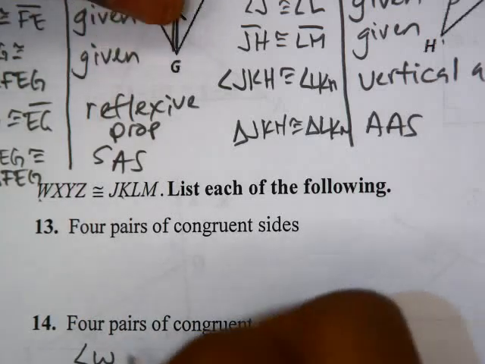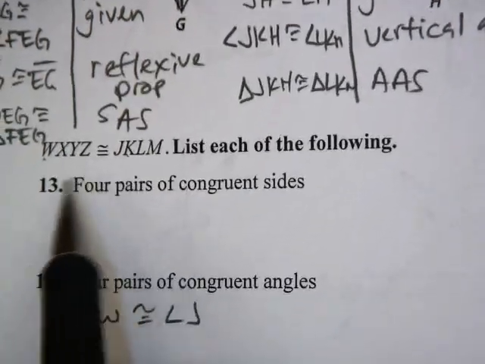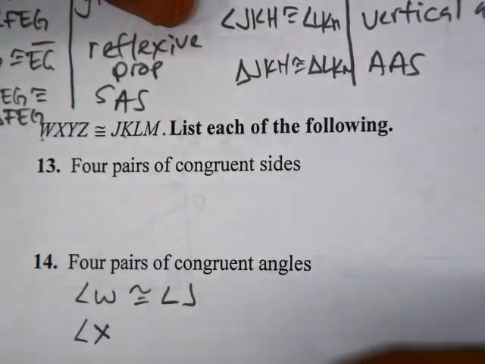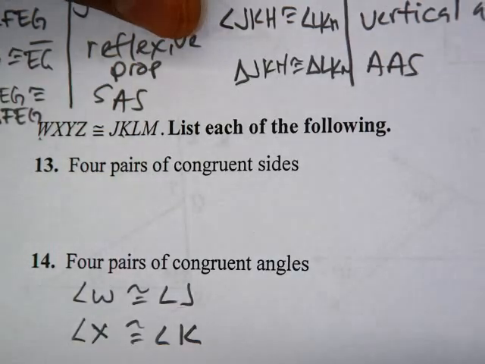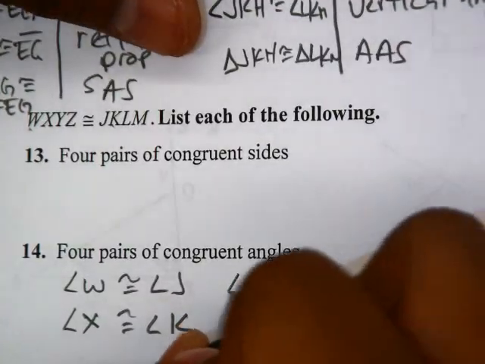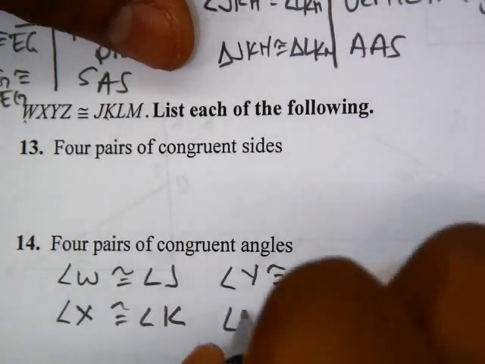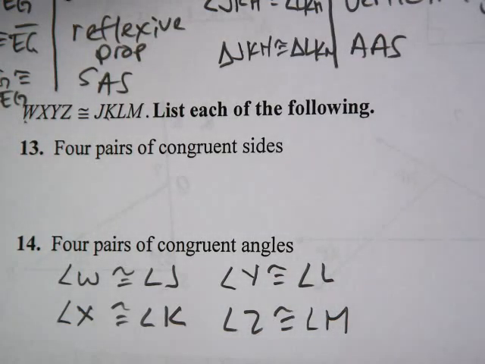Angle W should be the same as angle J because they're both the first letters in the statement. So if I follow that, angle X should be equal to angle K. These are the second letters. Angle Y should be equal to angle L. And angle Z should be equal to angle M.